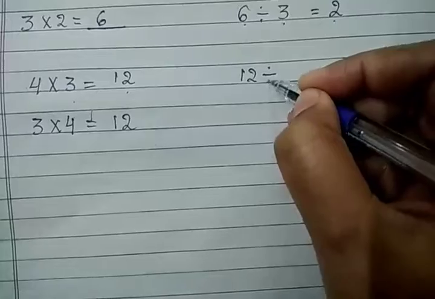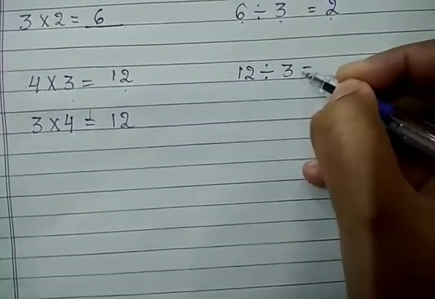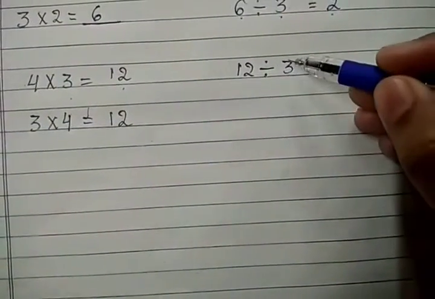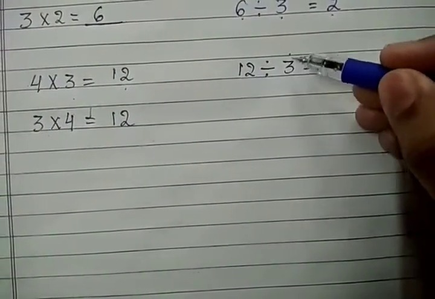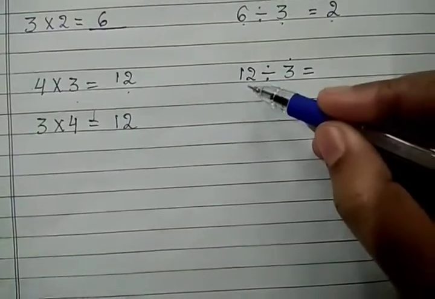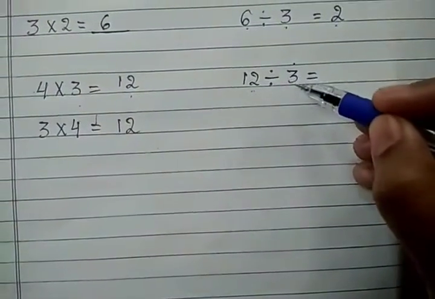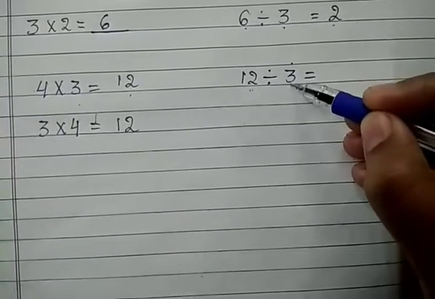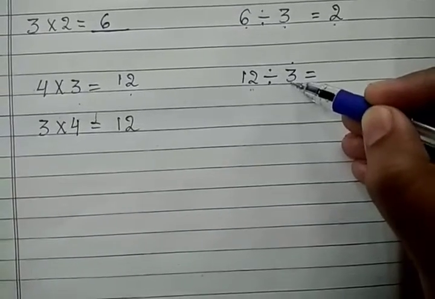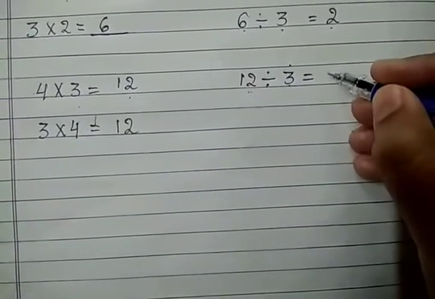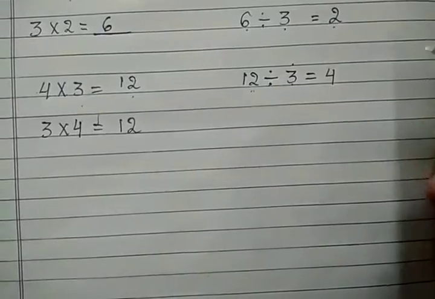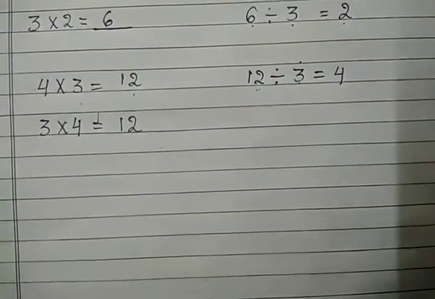If we divide 12 by 3, we have to read the table of 3 and check at what number this 12 comes in 3's table. So we know 3 1s are 3, 3 2s are 6, 3 3s are 9 and 3 4s are 12. So the answer here is 4.